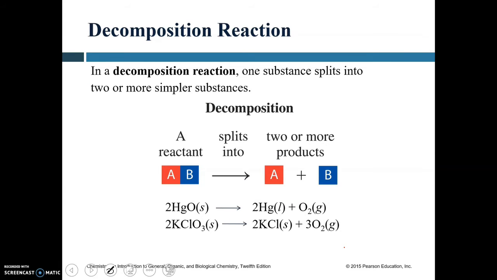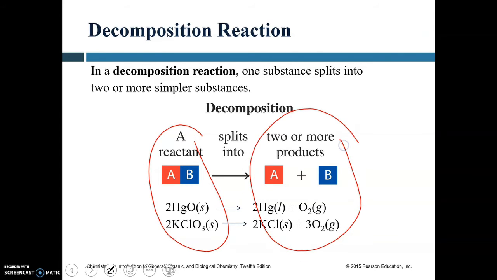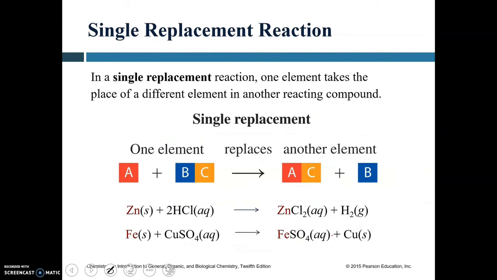In the decomposition reaction, a substance splits into 2 or more products. Mercury oxide splits into mercury and oxygen. Potassium chloride splits into potassium and chlorine. In a single replacement reaction, one element takes the place of a different element in another compound.